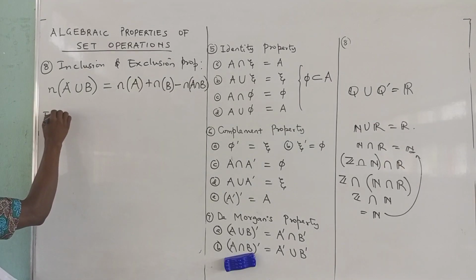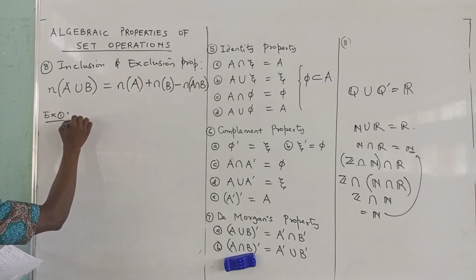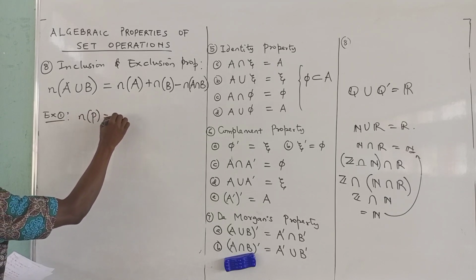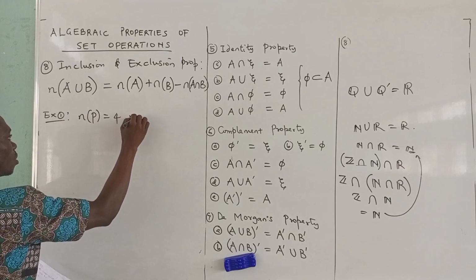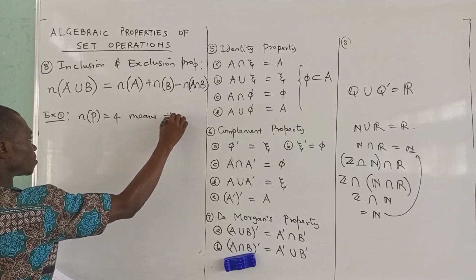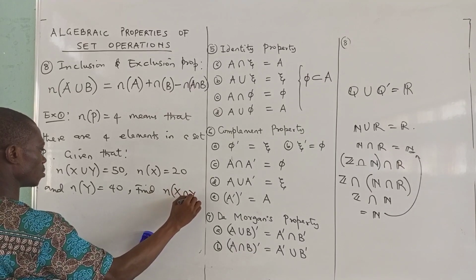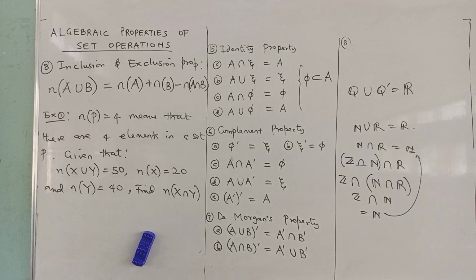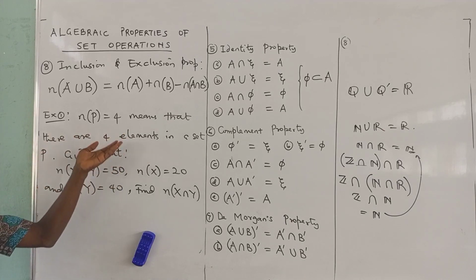Call it example 1 here. N of P equal to 4 means that, okay, so look at this problem. We have that N of P is equal to 4 means this is just a definition.